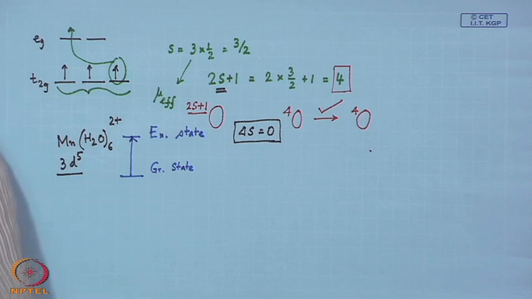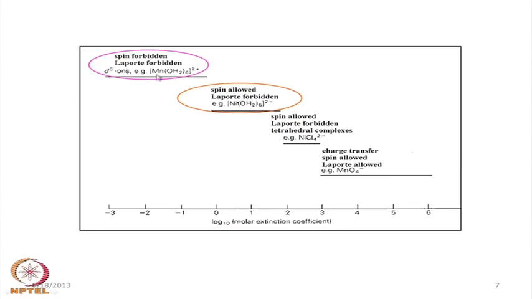In the case of this compound, manganese hexaaqua 2+, it is very weak in intensity and very lightly colored, because the upper electronic level has a different spin multiplicity, and since it is a d-d transition, we can consider it both spin forbidden as well as Laporte forbidden.